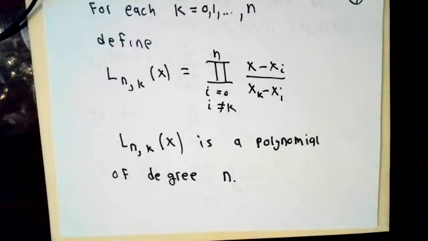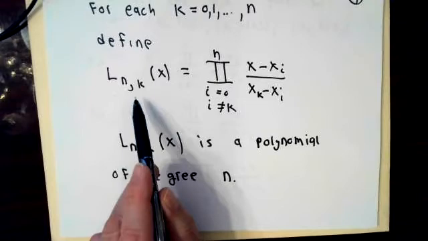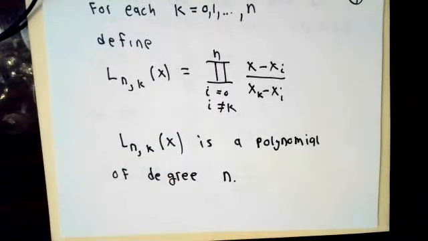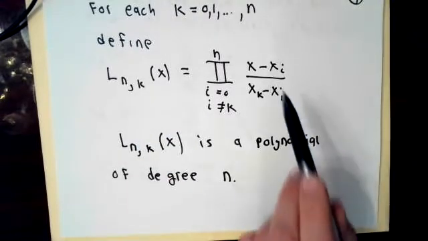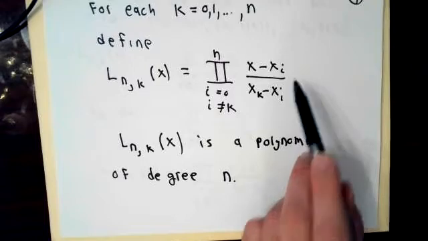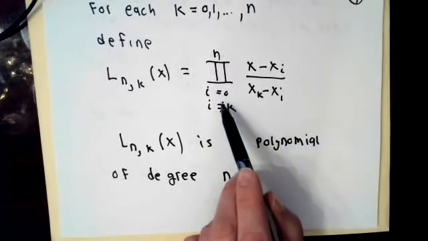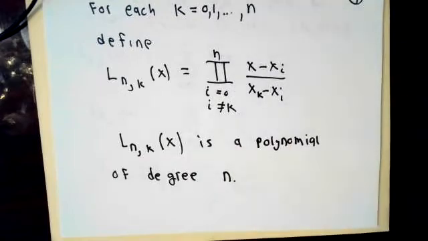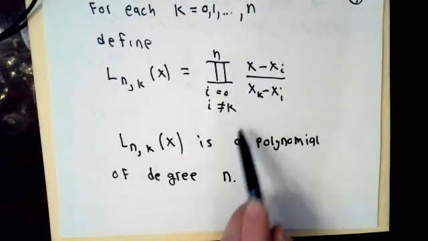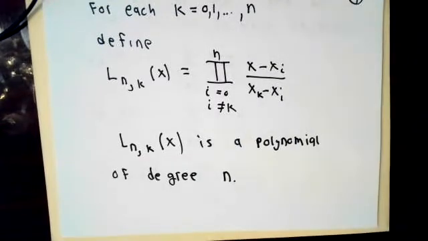For each index k, which could be anything from 0 up to n, we're going to define a polynomial. We're going to define L n comma k of x to be the product of all x minus xi over xk minus xi, where i can be anything from 0 up to n, except we're going to omit the factor that has i equal to k.